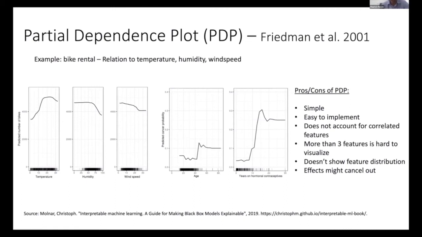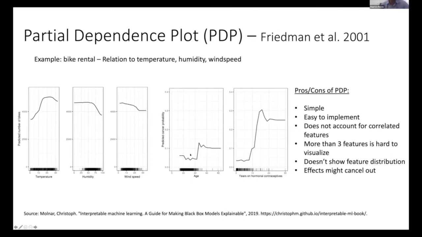Here we see that the relation between temperature and the prediction value of rentals is nonlinear. So there is an increase, then stagnates around 20 degrees and then decreases. Now comes the subjectiveness of the evaluation. Here is where you as human evaluate sort of the plausibility of this plot.